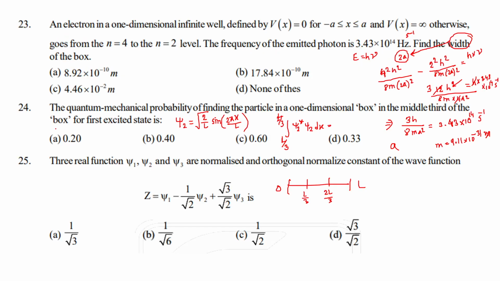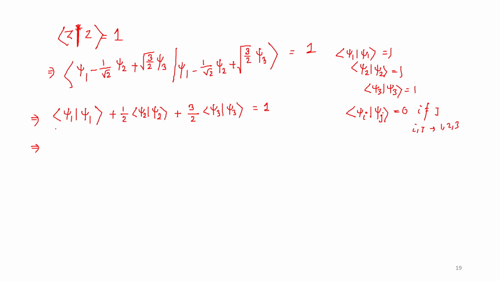Okay, so we have not thought about the normalization constant. So we need to have a normalization constant also. Sorry for that. Suppose z is N into psi 1 minus 1 by root 2 psi 2 plus root 3 by 2 psi 3.